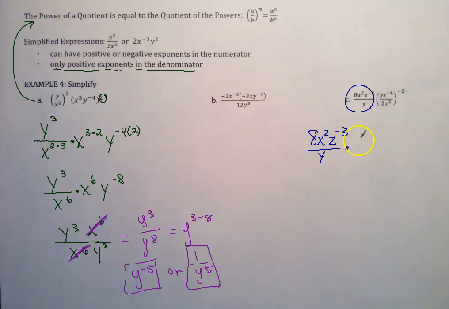So we're going to have y to the negative 2, and then we have z to the negative 4th times negative 2, over 2 to the negative 2 times x to the 5th times negative 2. Right? So the negative 2 was distributed to absolutely every term inside there.